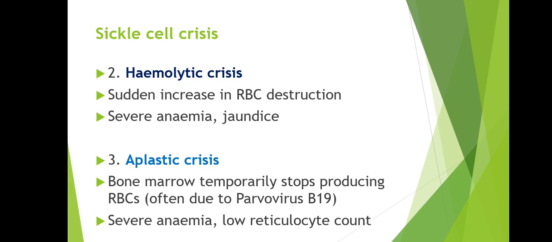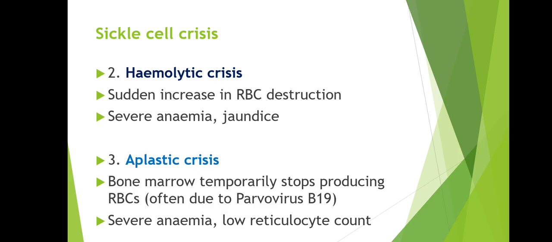But in a situation of sickle cell anemia, because the red blood cell has become sickle shaped, it needs to be removed within 10 days. Meaning these red blood cells need to be removed out of the body after 10 days. Then that is what we're telling hemolytic crisis. There's going to be sudden increase in red blood cell destruction because the lifespan has reduced.